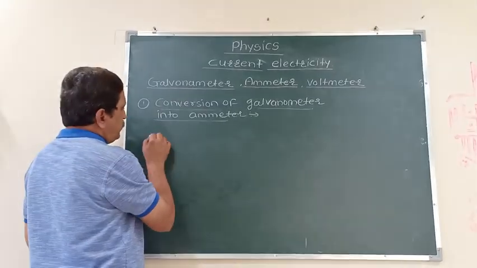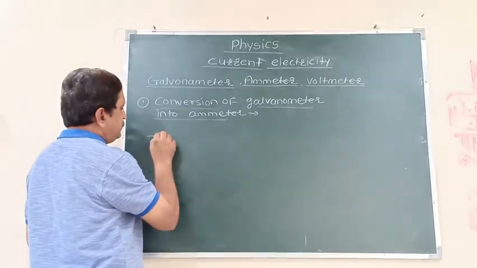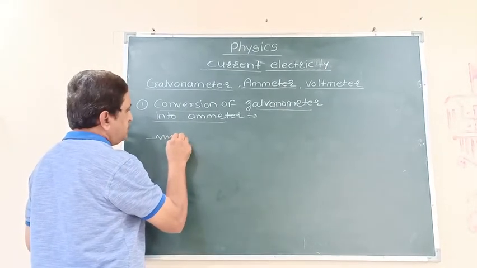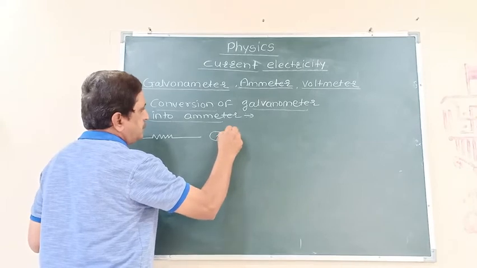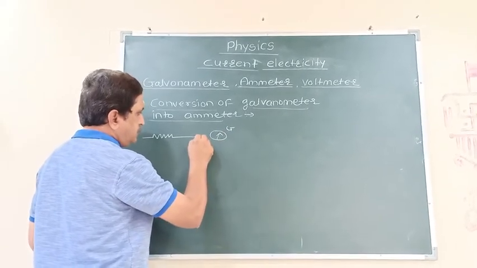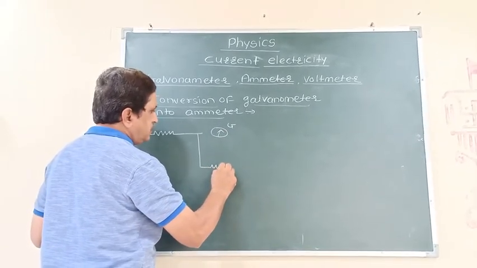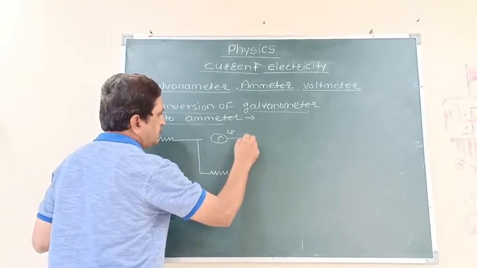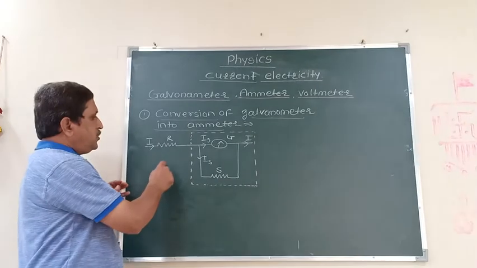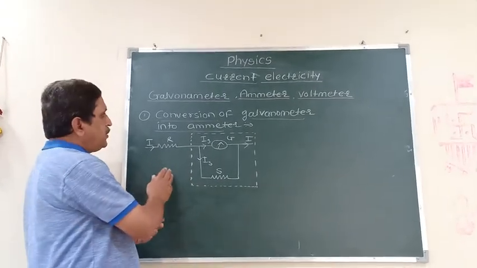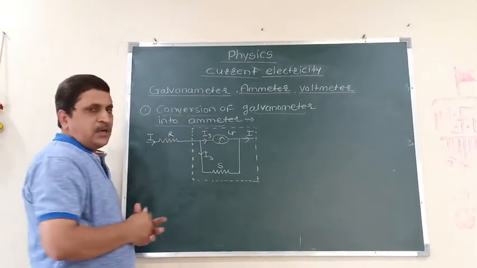Now for that, first we will draw this diagram. Now this one is the circuit diagram, how we can convert galvanometer into an ammeter.